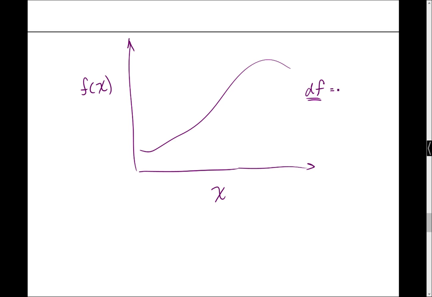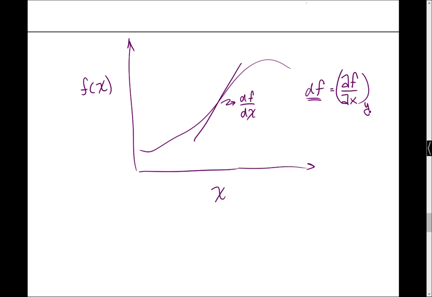So what we know that we can do is that we can look at the slope, right? So I'm just going to draw an arbitrary slope in there, right? And that slope is going to be df/dx, right? So I'm going to write in df/dx. I'm going to hold y constant and all the other variables that may be important. Now this tells me how the function responds to a small change in x, right?